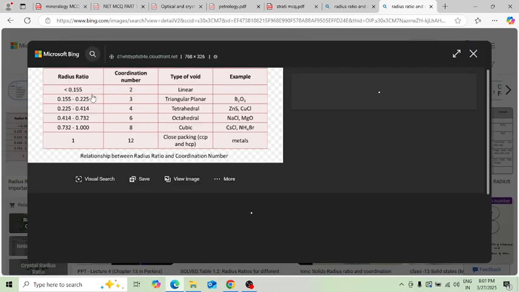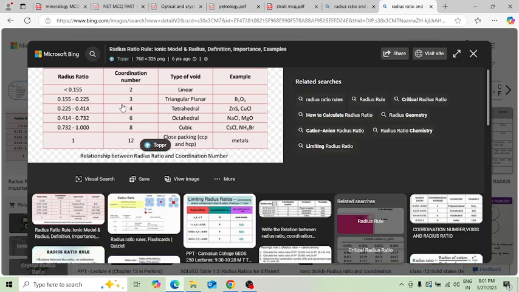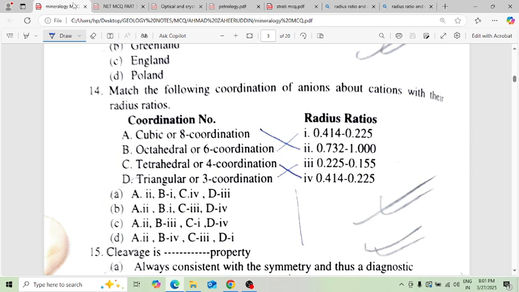Less than 0.155 is 2, 0.155 to 0.225 is 3, triangular planar, 0.225 to 0.414 is 4, tetrahedral, 6 is 0.414 to 0.732, and 8 is 0.732 to 1, and 12 is 1. So this is right.